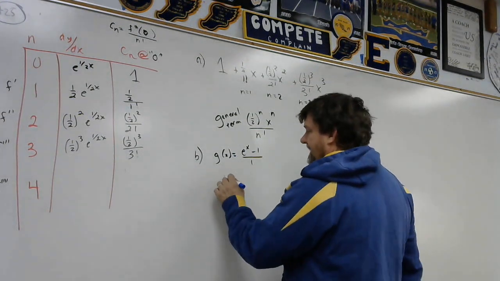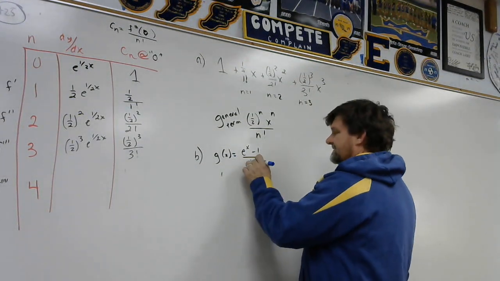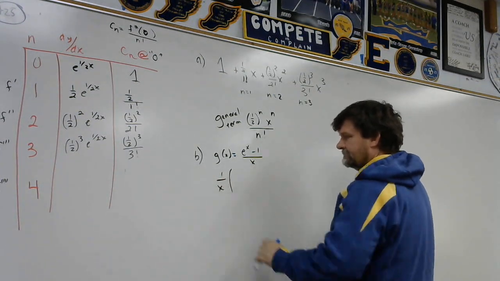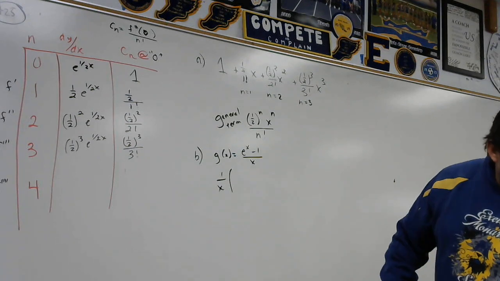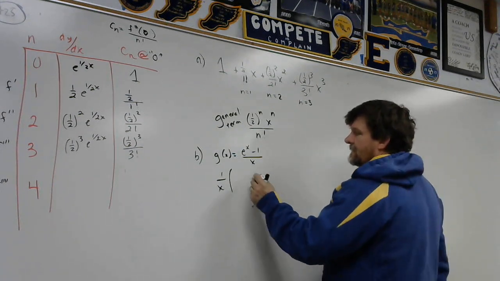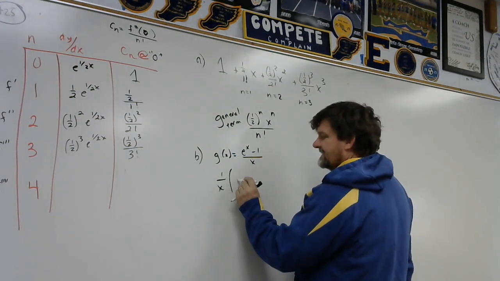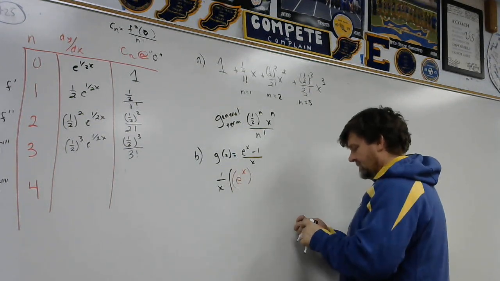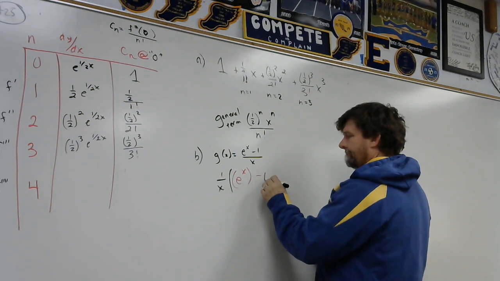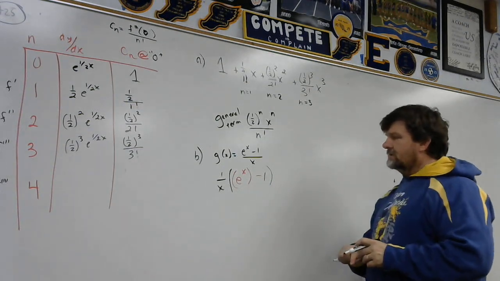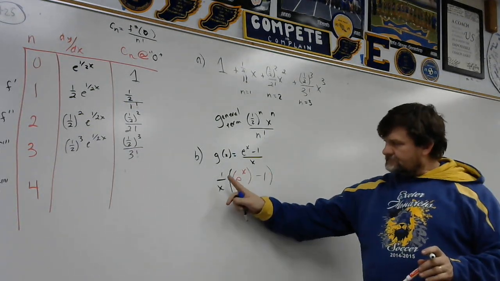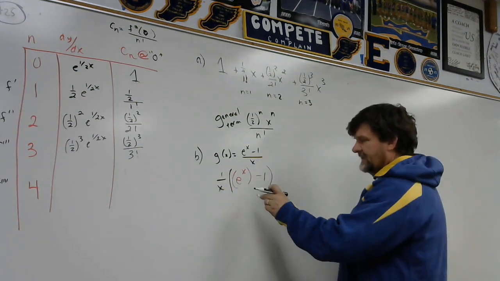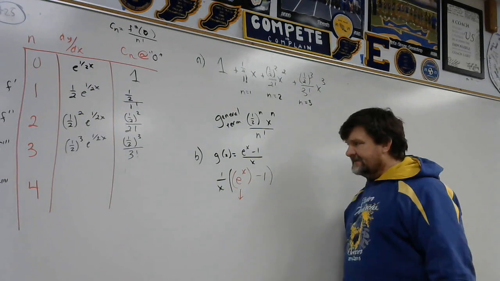I can take this and make it 1 over x, and I'm going to times that by e to the x, subtract 1. So we can make this its own piece. So I can do a Taylor series on that right there.